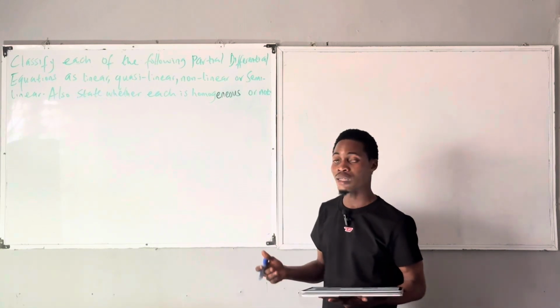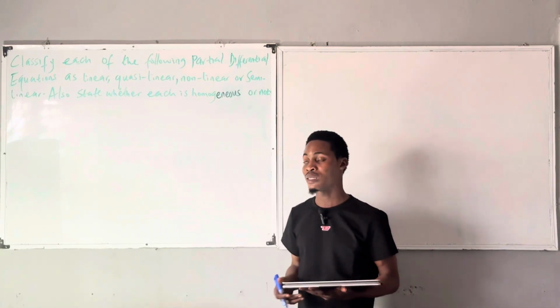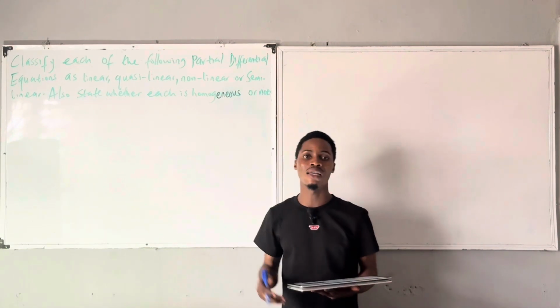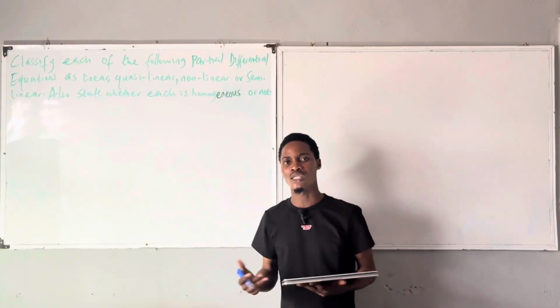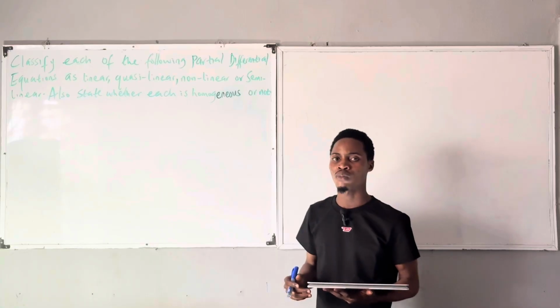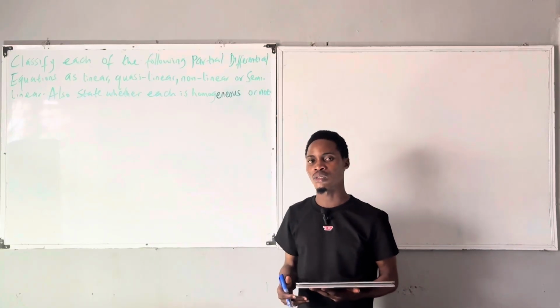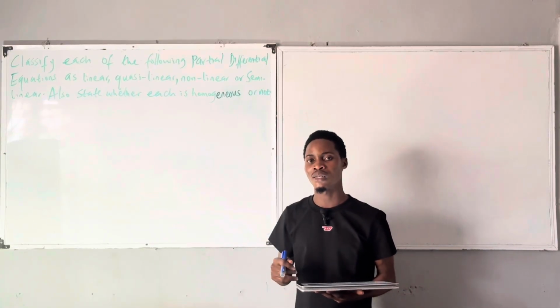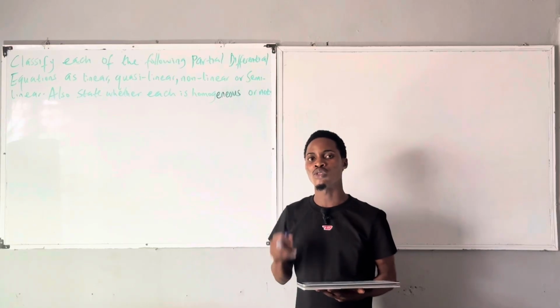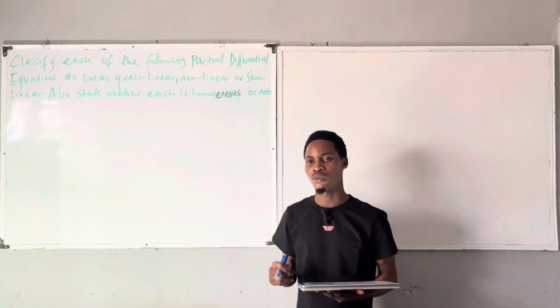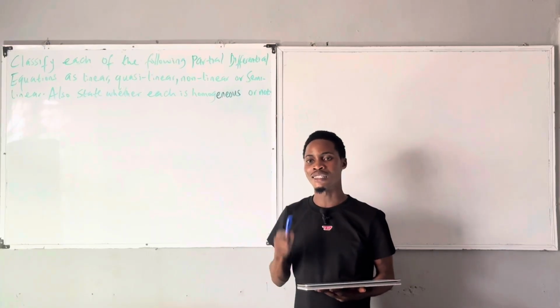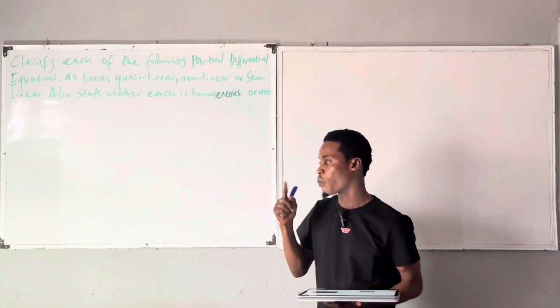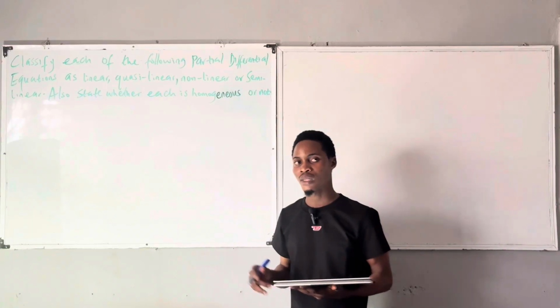I've explained linear PDE, quasi-linear PDE, nonlinear and semi-linear PDE. So what is homogeneous? When we talk about homogeneous, it refers to an equation in which every single term must have the dependent variable or its partial derivative, either one.